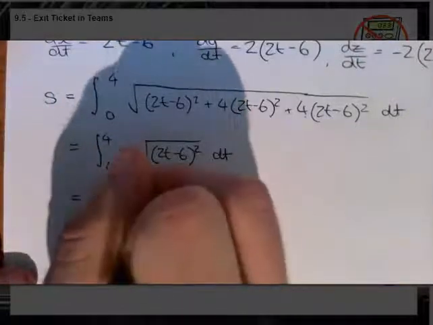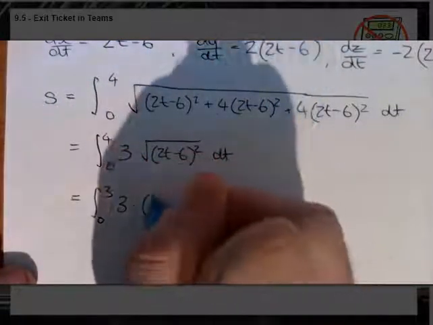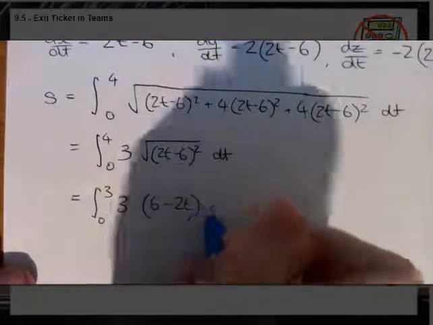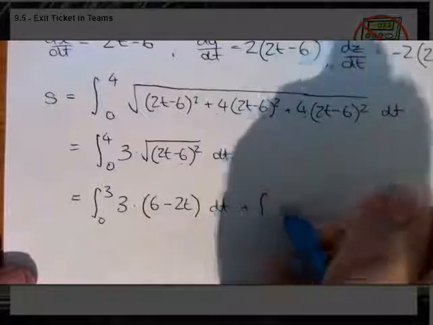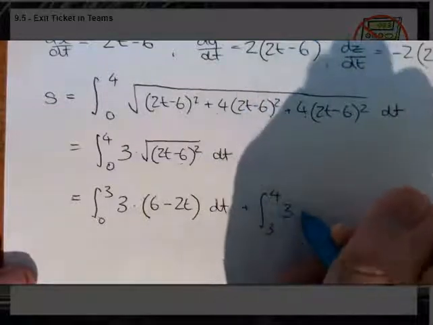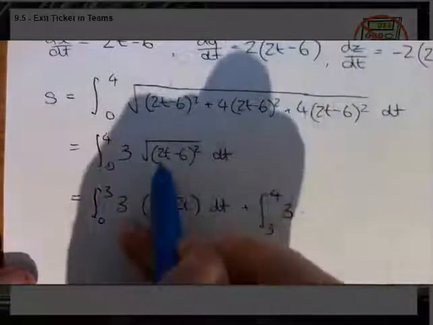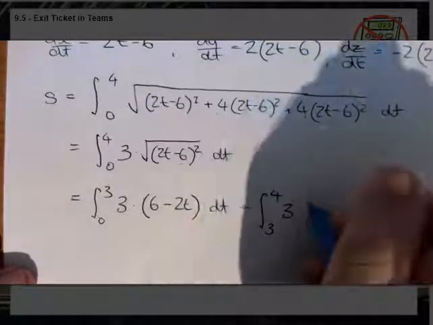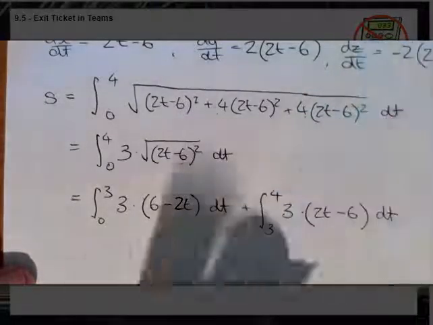So between 0 and 3, it's going to be 6 minus 2t, but between 3 and 4, as I square it and then take the square root, the expression in the bracket that way round is going to be positive, so it's going to be 2t minus 6 dt.